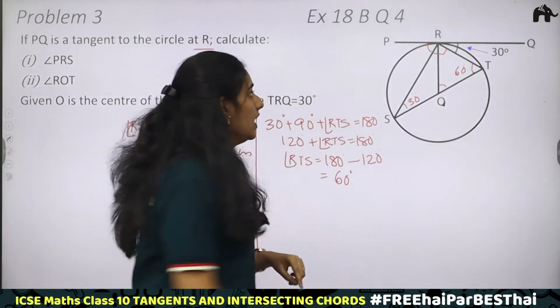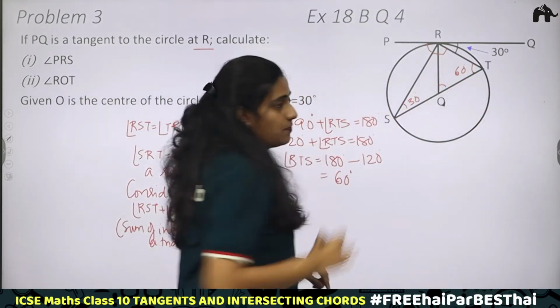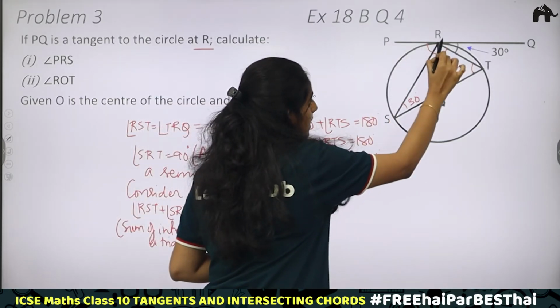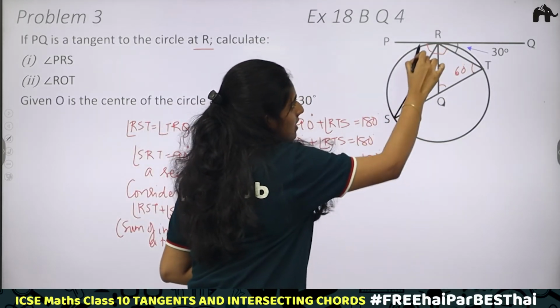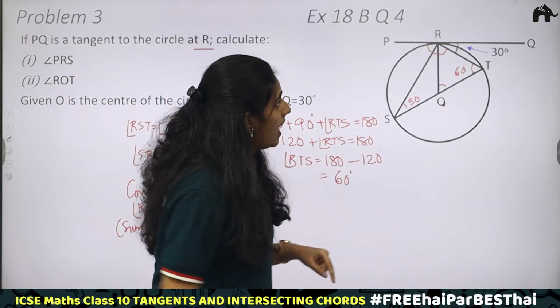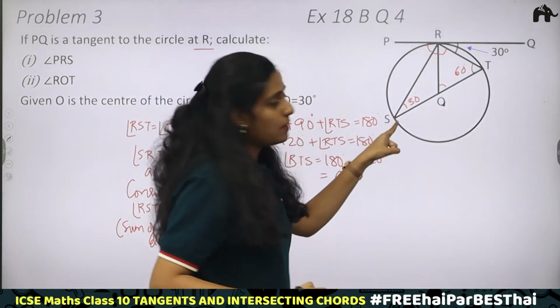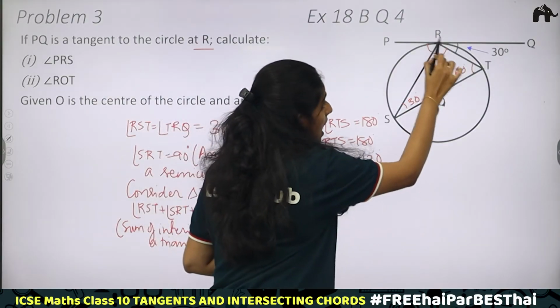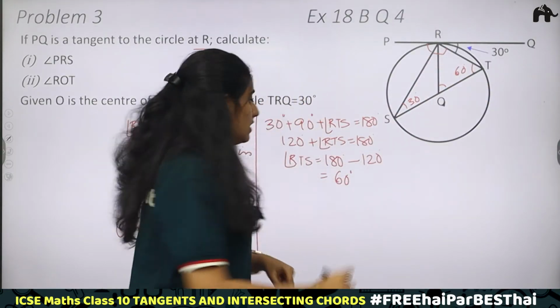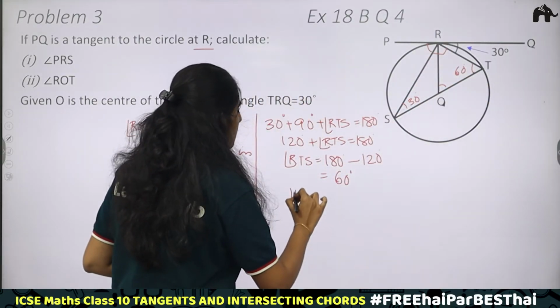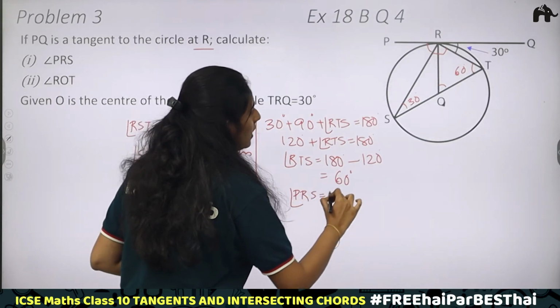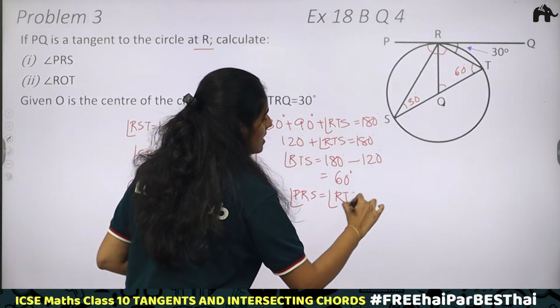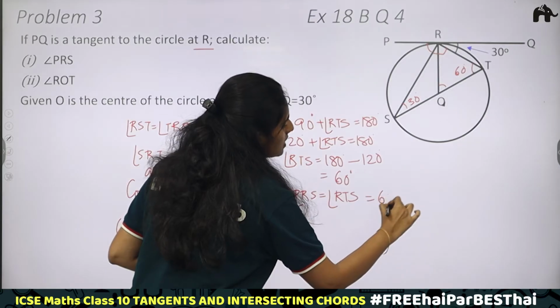Okay. When you take the chord RS, the angle between the tangent and chord RS, this angle, and the angle subtended by the chord on the circumference of circle, that is RTS, will be equal. Therefore, angle PRS is equal to angle RTS, and that is equal to 60 degree.